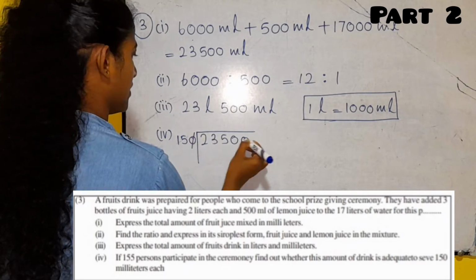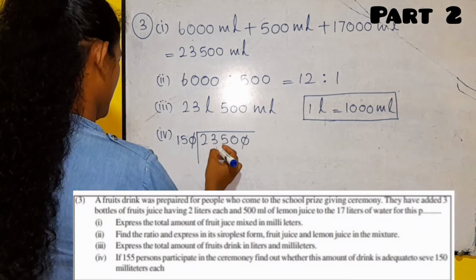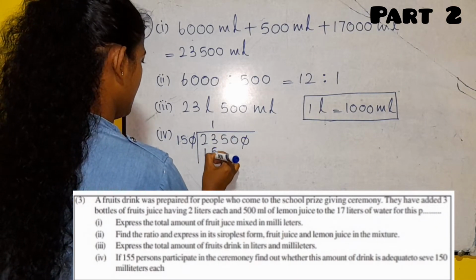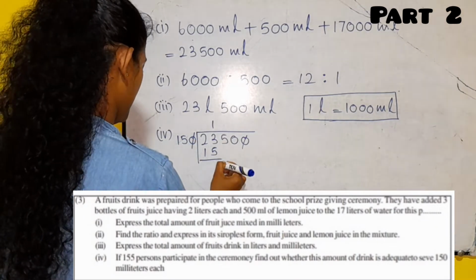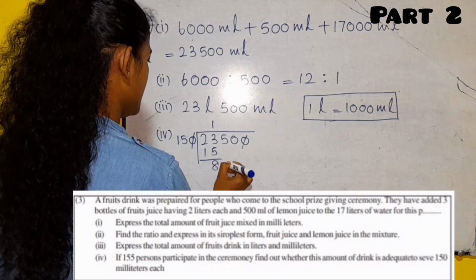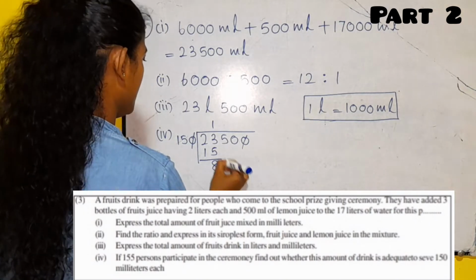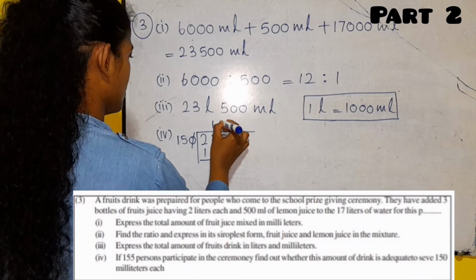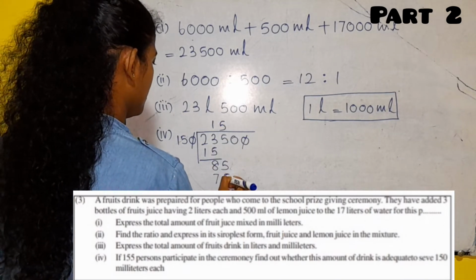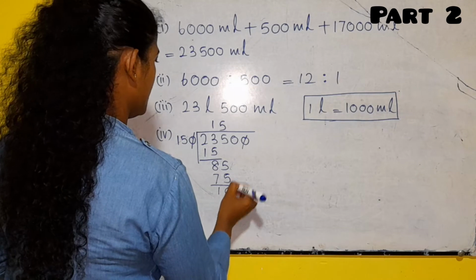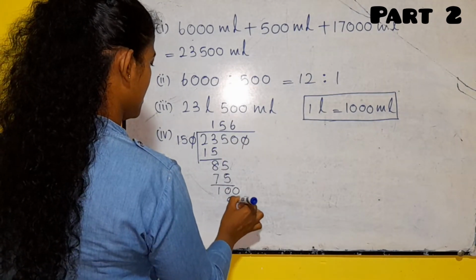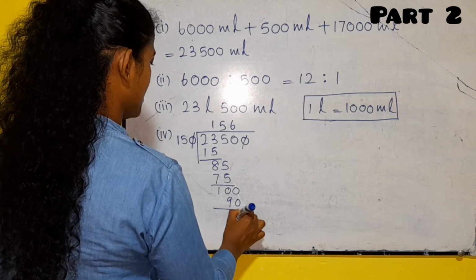You can cut the 0 here. So if you divide, 15 times 1 is 15. Then the remaining is 8. Then 5 comes here, 15 times 5 is 75, then 10 is remaining, then take this 0 here, 15 times 6 is 90, so the remaining is 10.